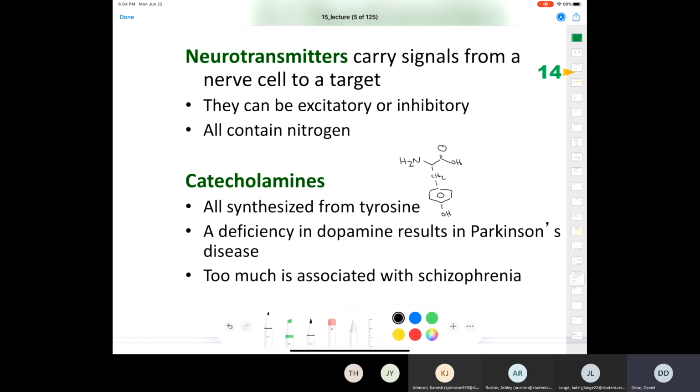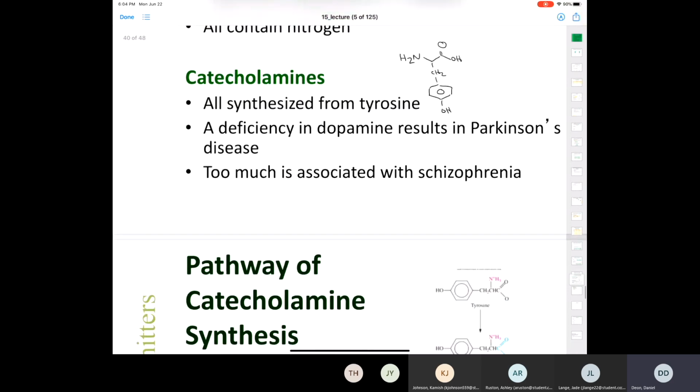Tyrosine, tire swing. Anyhow, if you have a deficiency in dopamine, which is derived from tyrosine, and we'll take a look at that in a second, you can end up with Parkinson's disease. But if you have too much dopamine, it's associated with schizophrenia.